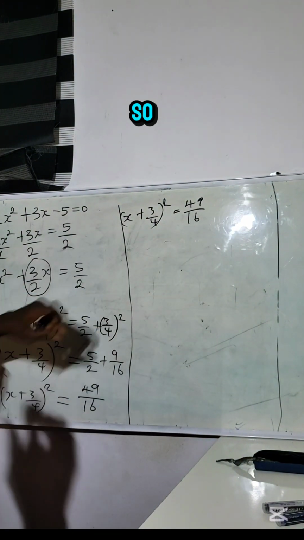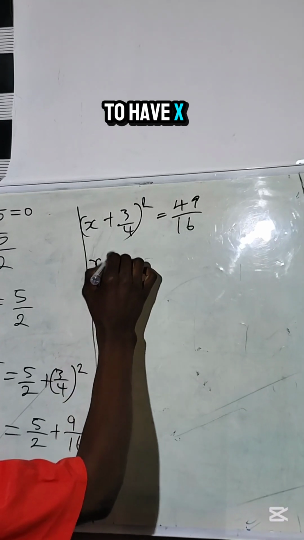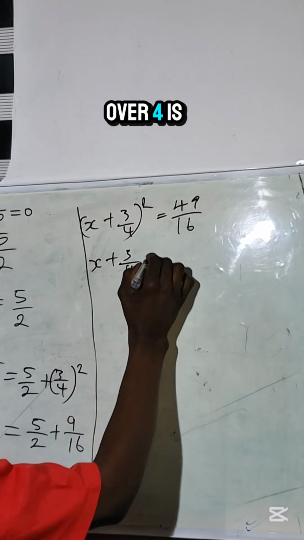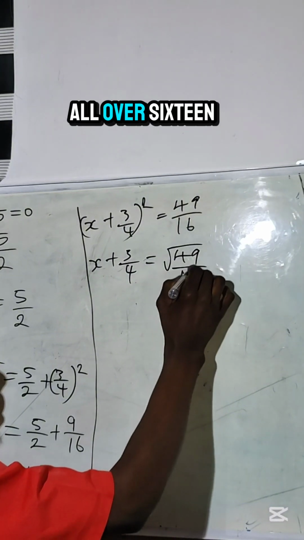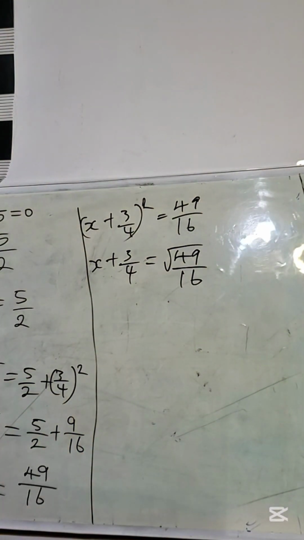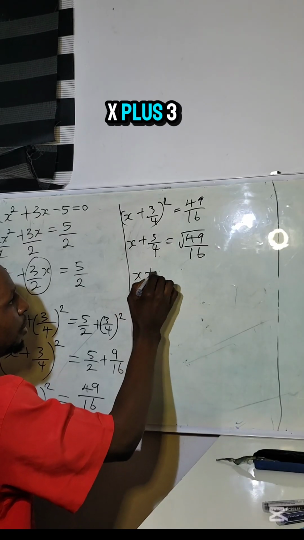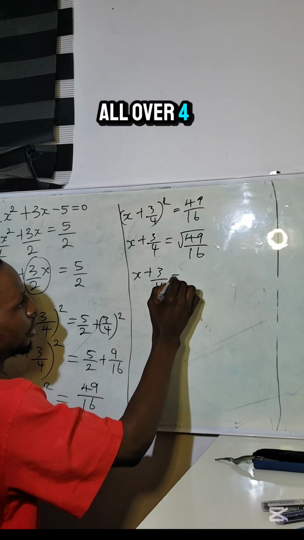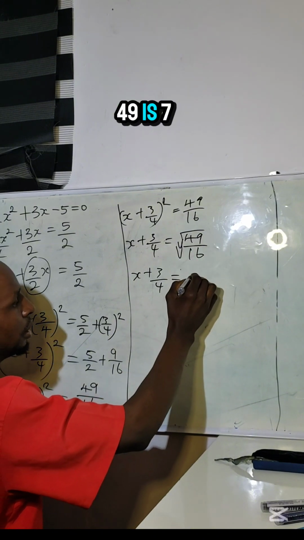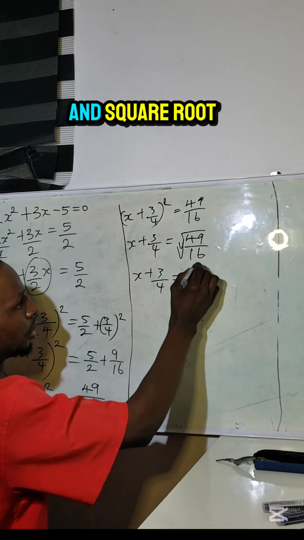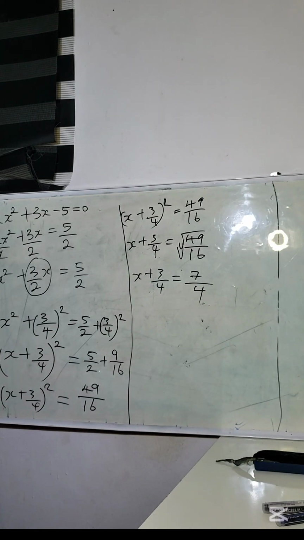So this is what I have. From here, I'm going to take the square root of both sides. So I'm going to have x plus 3 over 4 is equal to the square root of 49 over 16. Now the square root of 49 is 7, and the square root of 16 is 4.